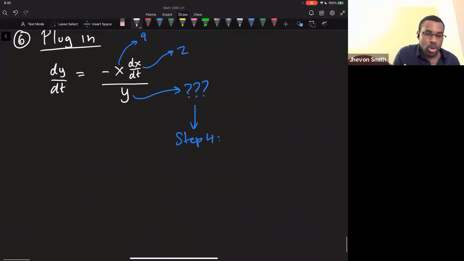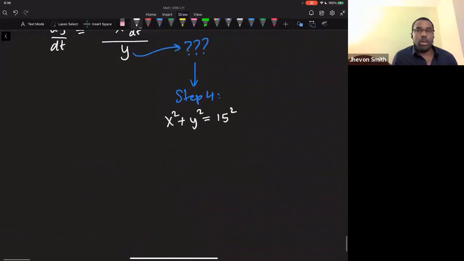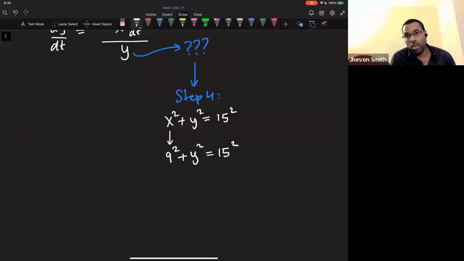In step 4, you have that equation, x squared plus y squared equals 15 squared. Now, we know that x is 9. We don't know y, but now we have an equation where y is the only unknown. We can solve for y.